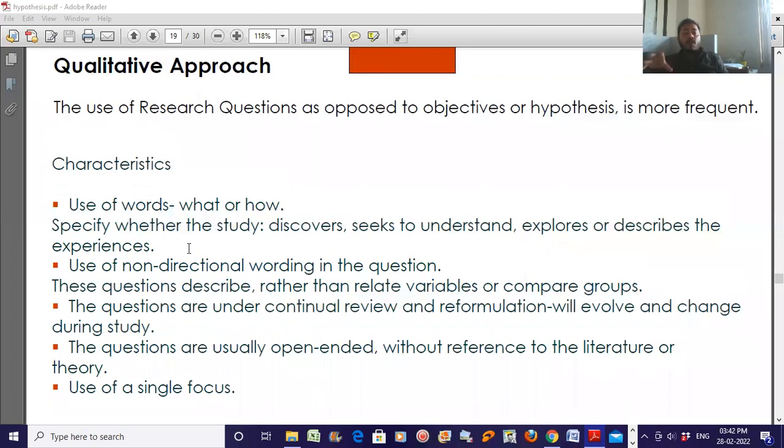Basically, we purely focus on the experiments. So if the experiment is the main concern, it is okay that initially we began with some references, but whenever we are going for an empirical study, then we don't need other references there, right? And use of a single focus, that is more clear.